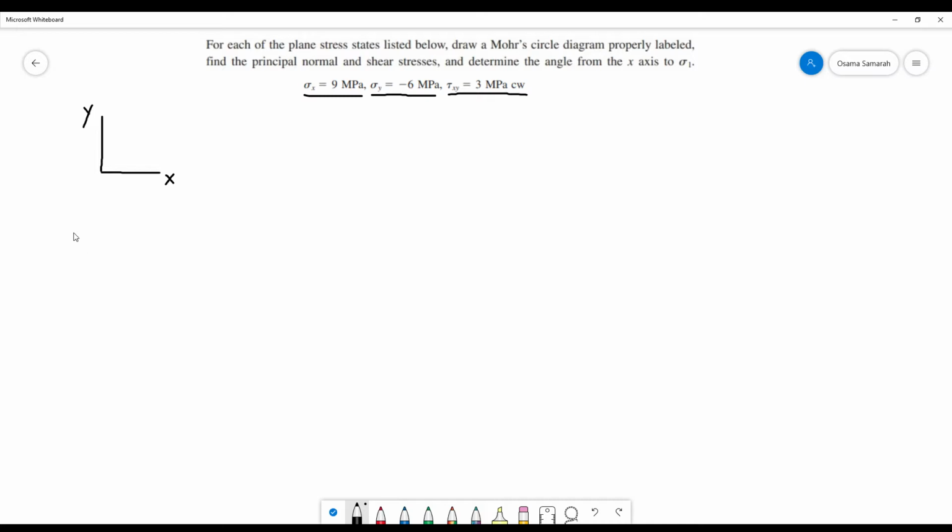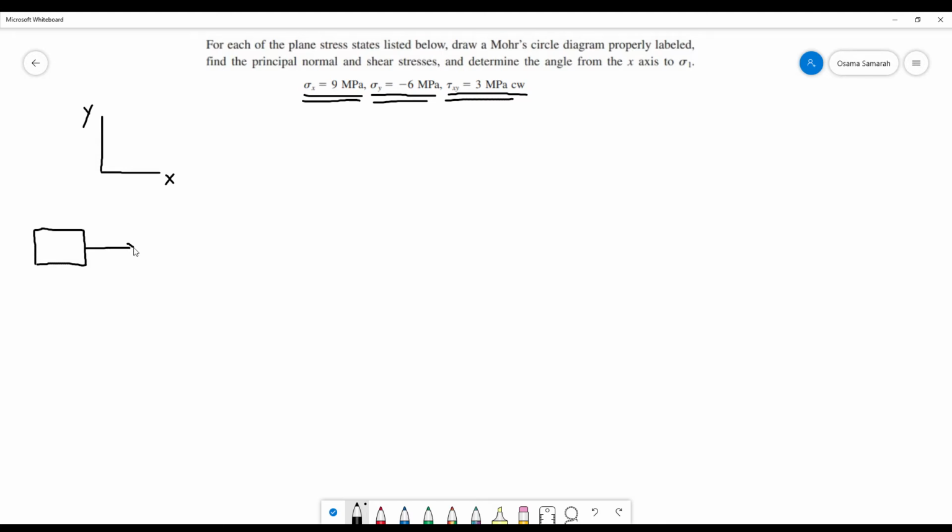Then we can proceed by drawing a stress element, which can be represented by a small square, and show the plane stresses sigma x, sigma y, and tau xy.